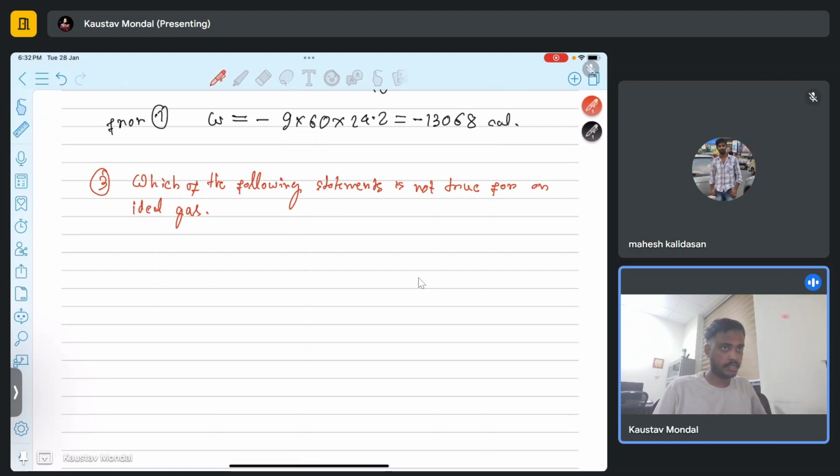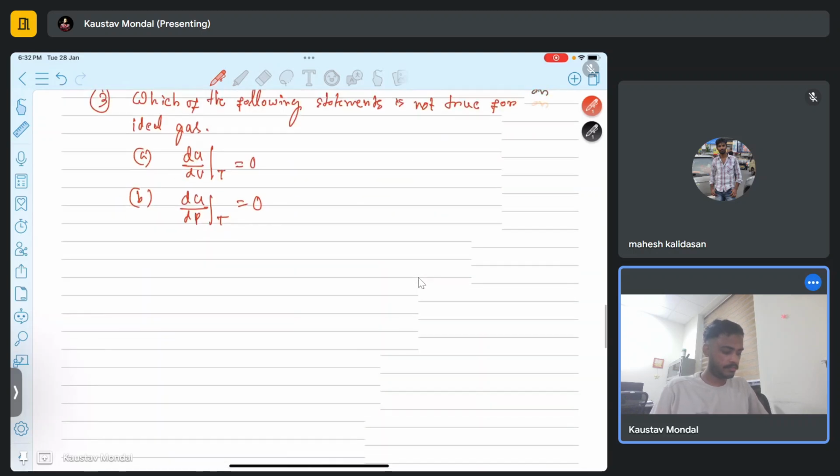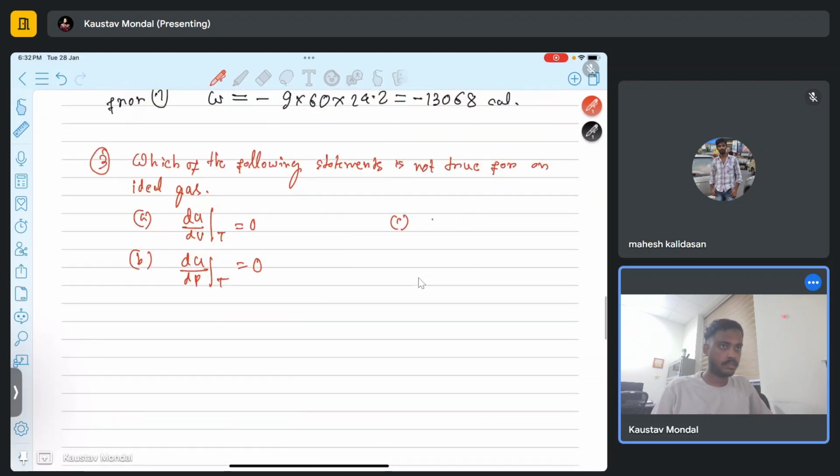These are basically the statements. The first statement is dU/dV at constant T equal to 0, b is dU/dP at constant T equal to 0, option c is dU/dT at constant V will be equal to 0, and d is dH/dP at constant T equal to 0.